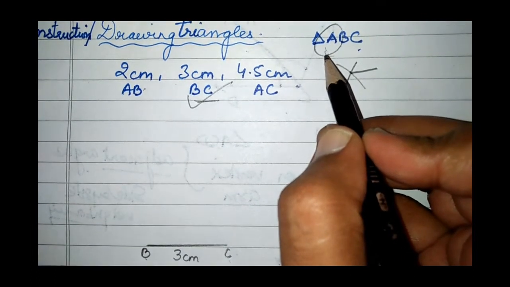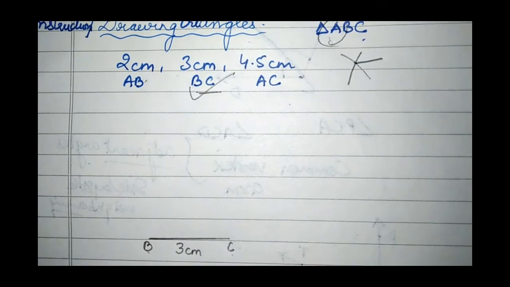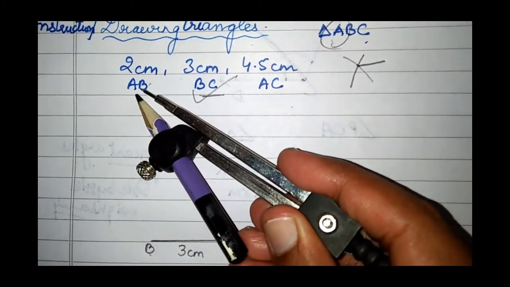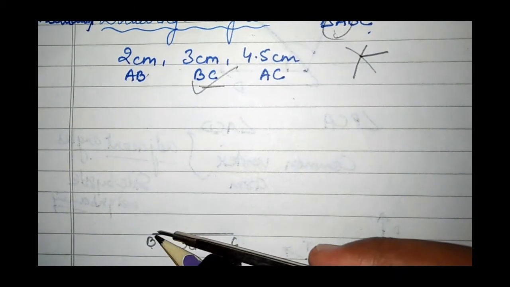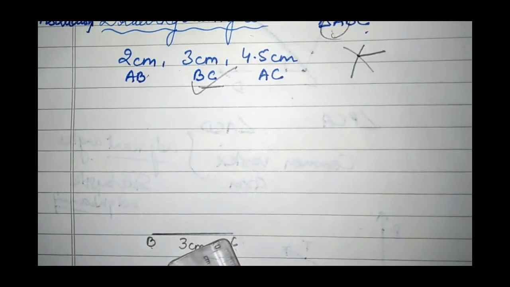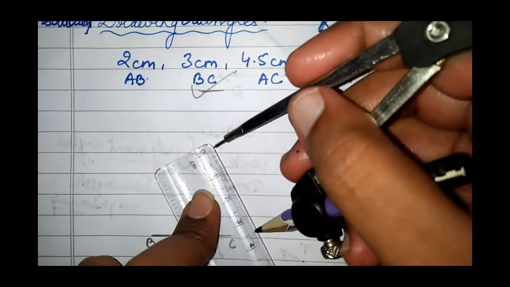Now what are we going to intersect? We are going to intersect two arcs. See how. We have to mark the length 2 centimeter AB. Can you see point A here? No, but I can see point B here. So we will take the length of 2 centimeter in our compasses. I have told you how to set the compass.